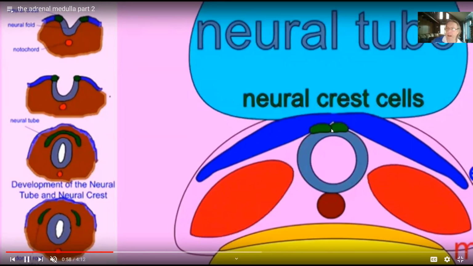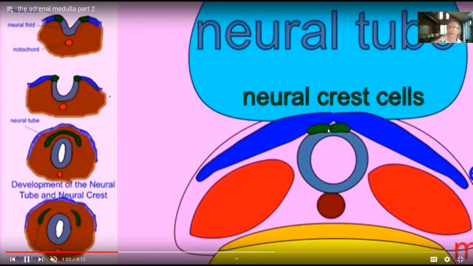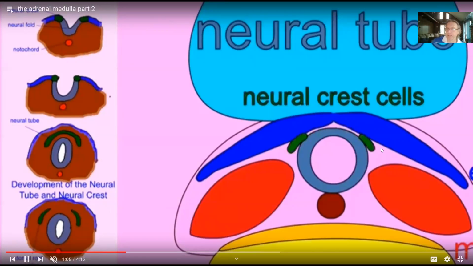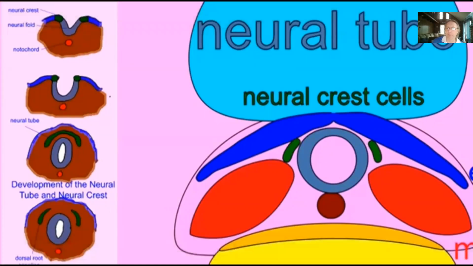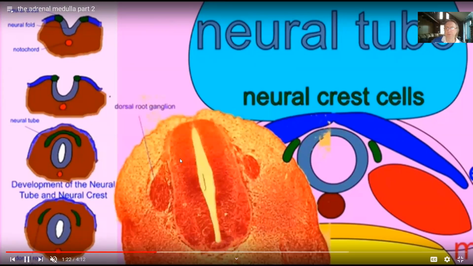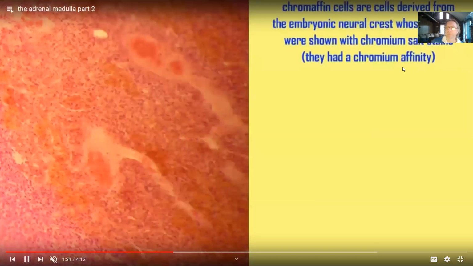So a lot of the neurons of the autonomic nervous system are going to differentiate from these neural crest cells, as will cells which are called chromaffin cells, which make the epinephrine and norepinephrine. So here you can see a dorsal root ganglion forming from those neural crest cells, which were outside the central nervous system.